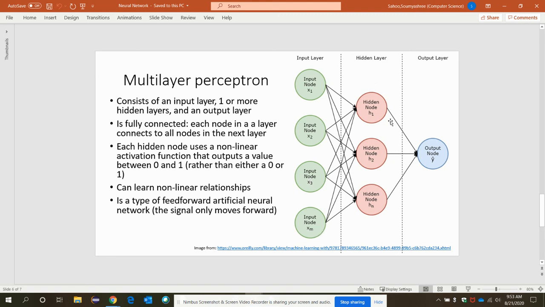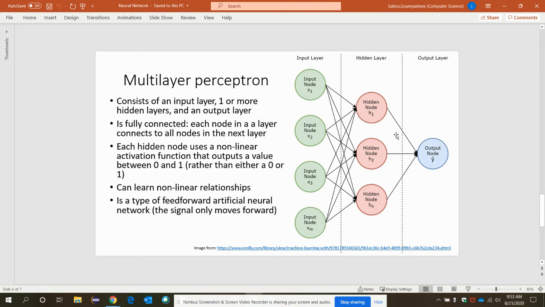Each hidden node uses a non-linear activation function that outputs a value between 0 and 1. Whether the output will be 0 or 1 basically depends on a non-linear activation function, like the bias or threshold that we saw in the previous slides.